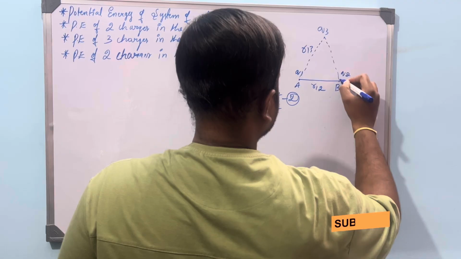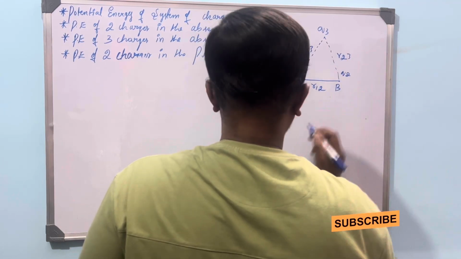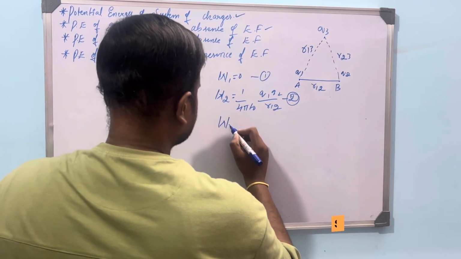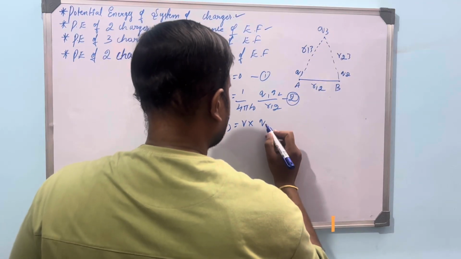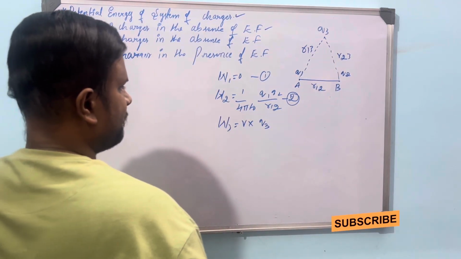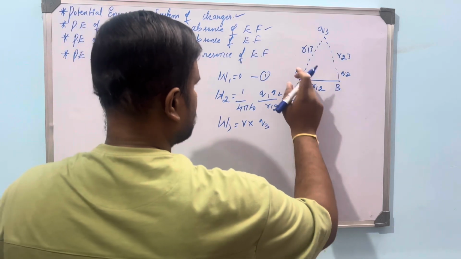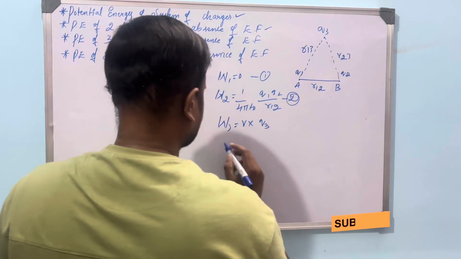Its position vector is r13 and r23. So now W3 becomes potential into charge. The charge being brought is q3. We will get two potentials, one due to q1 and one due to q2.